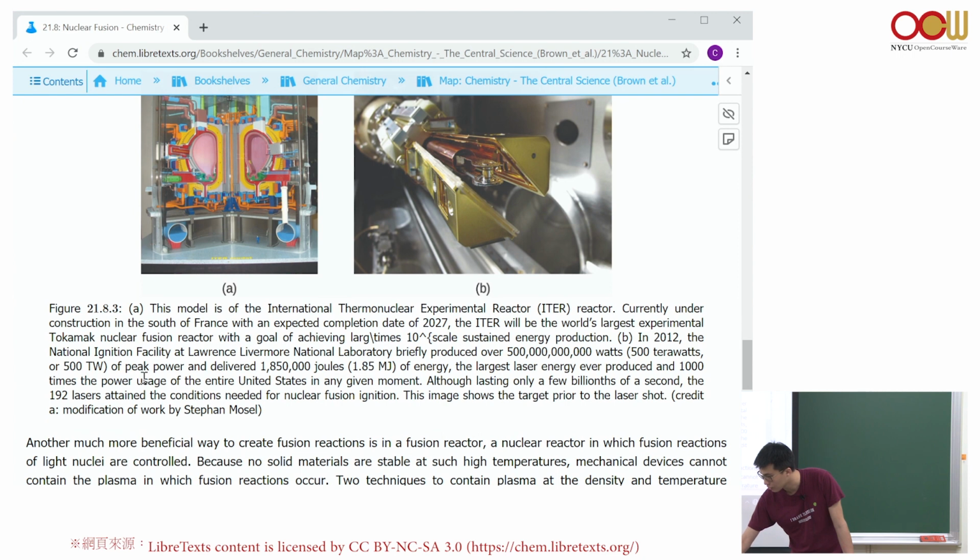Okay, so here I want to show that in a lab near UC Berkeley, it already generates an amount of energy which is 1,000 times the power usage of the United States at any given moment. It is an impressive phenomenon, but unfortunately we can't really harvest such energy yet.